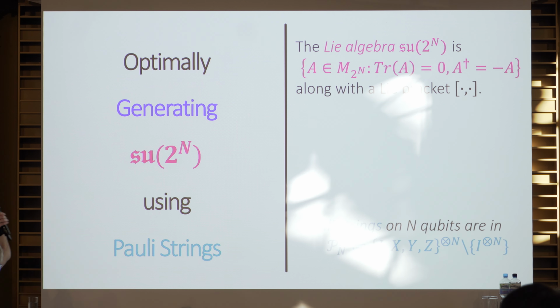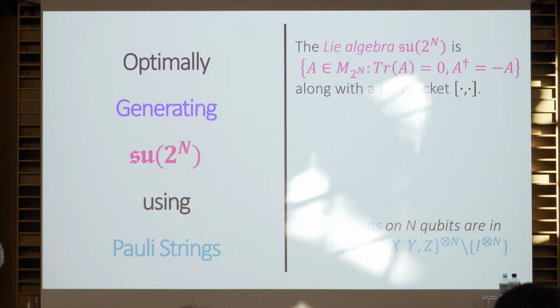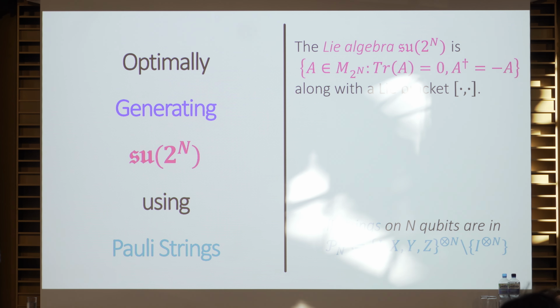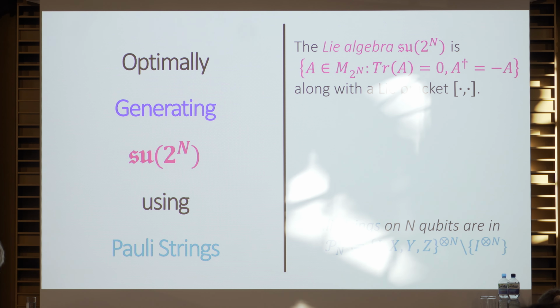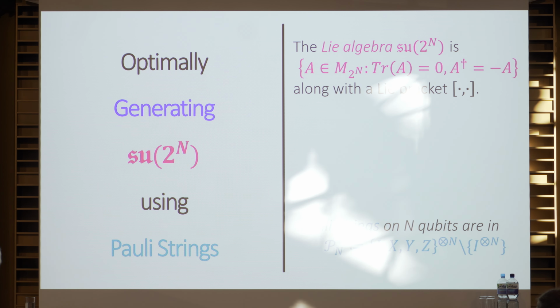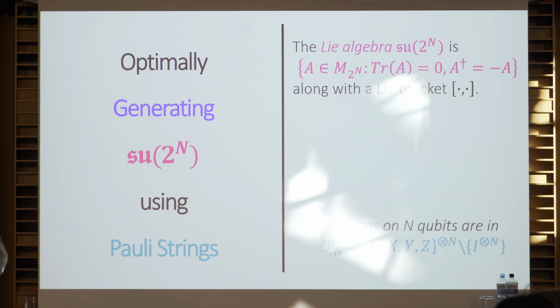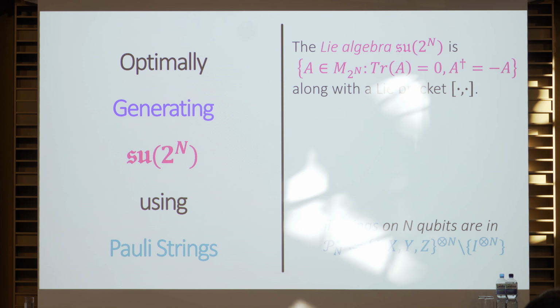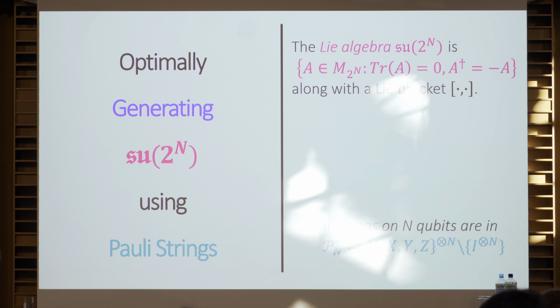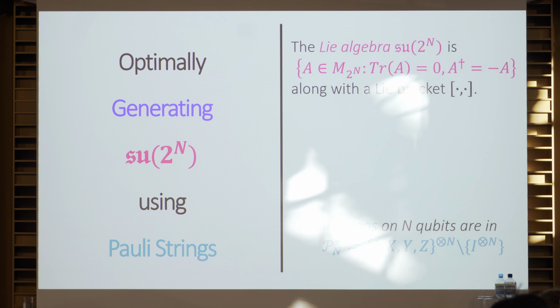And then there will also be the Pauli strings. So I'm focusing on these Pauli strings on n qubits. These are the Pauli operators and tensor products of Pauli operators, except that we always exclude the identity on all qubits for convenience. And they are related.